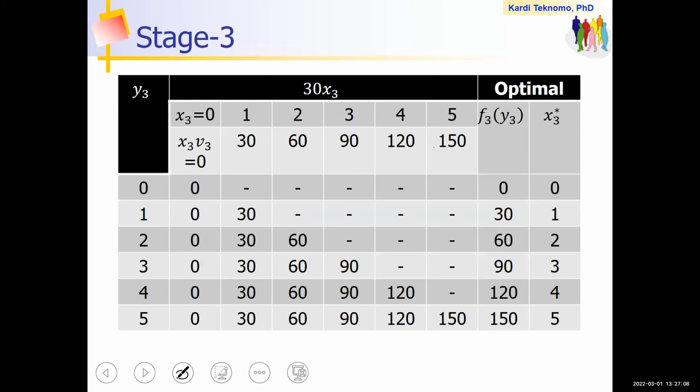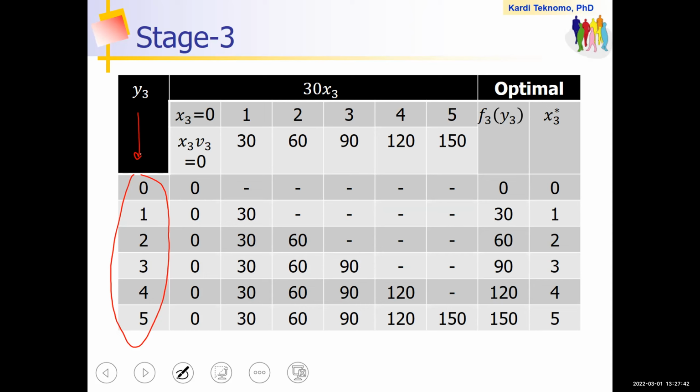Then in stage 3, we start to create a table. Why? Because there are so many, right? So you have possible values 0 to 5. So this is the y. Now we want to get the value of 30 times x3. x3 can be 0 to 5 also, right? So then we create this.